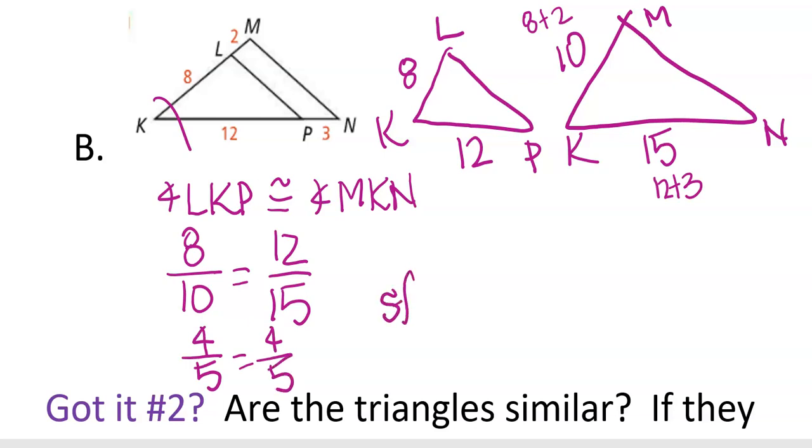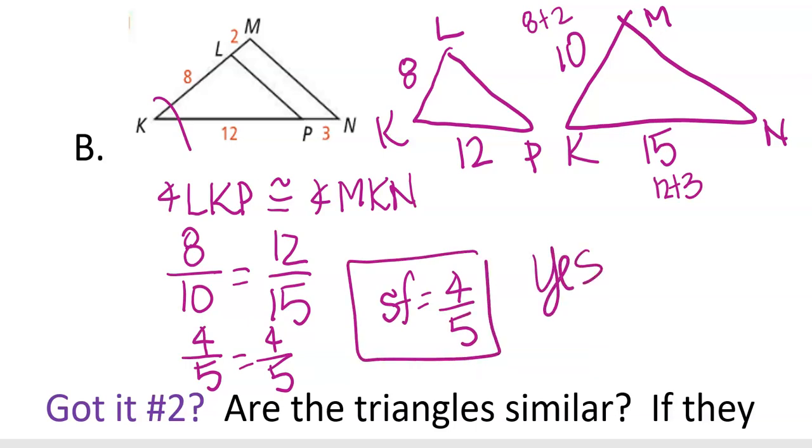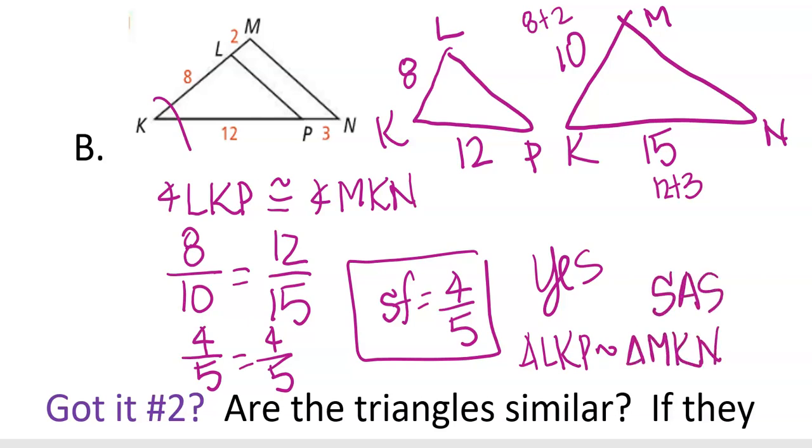So scale factor equals 4 over 5. Yes. And I'm going to do the same order as I did my angles. LKP similar to MKN. Side, angle, side, similarity theorem.